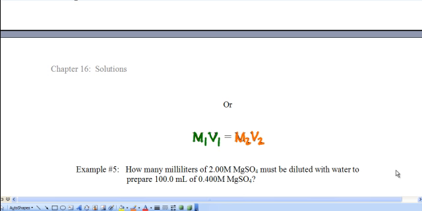Alright? This is an equation that you'll be able to use for the test. And we have several sample questions here that we can walk through to show you the types of questions that we can ask doing a dilution question. Alright? In the next podcast, we'll tackle these samples. We'll see you next time.